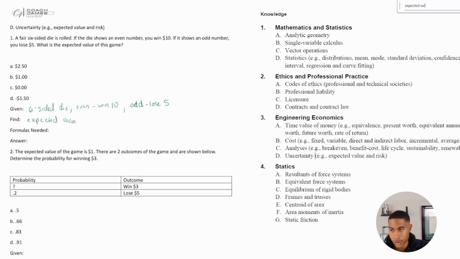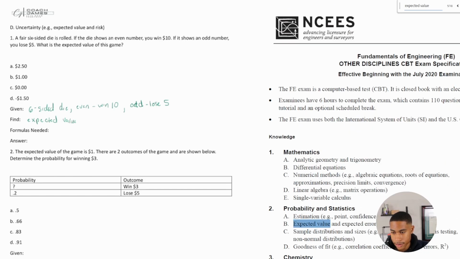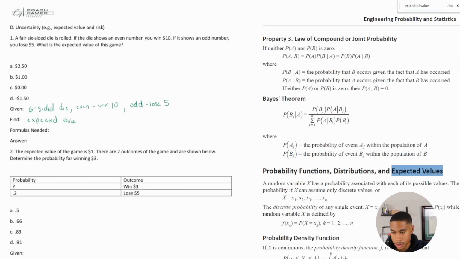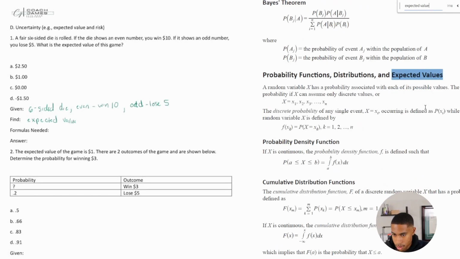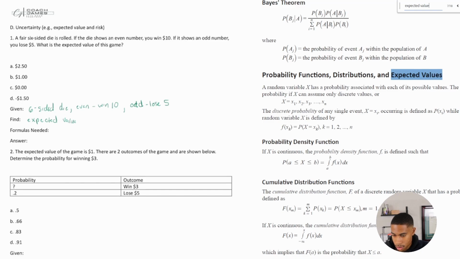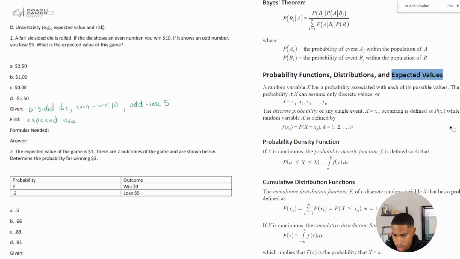Expected value. Just searching this in my search bar in the handbook, and 18 different things come up. All right. Apparently expected value is very important in this handbook. Probability, expected values. See stuff about discrete values and random variables.